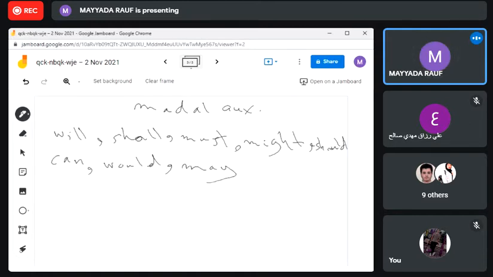Okay, and also we have ought. Okay, these are the modals, and they have special cases because they are different in use.